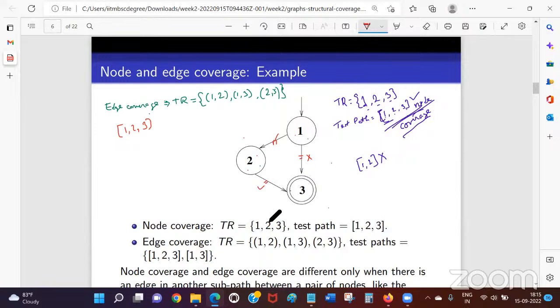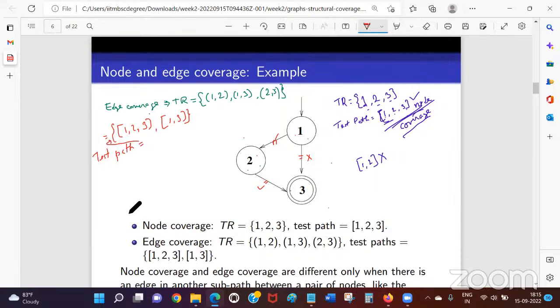No, right? So this path alone does not give the complete edge coverage. So this path along with the path 1, 3 gives you an edge coverage. So my test path for edge coverage should be this, right?